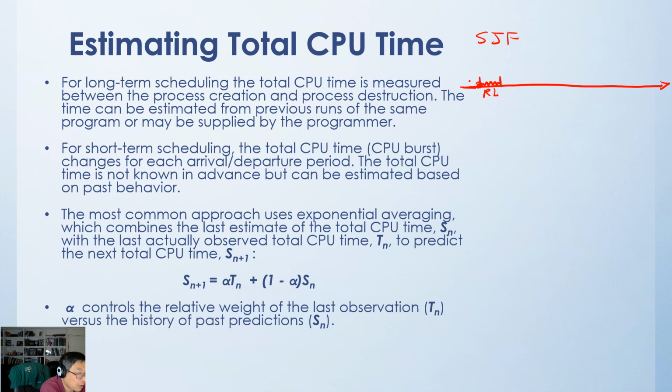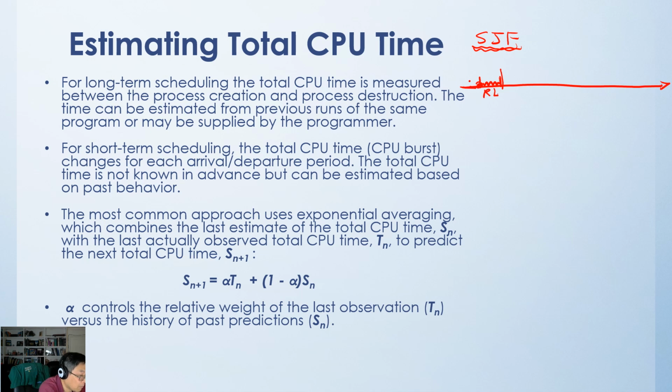Now, if the shortest job first scheduling algorithm is used, the scheduling algorithm is going to check each of the processes and pick the one with the shortest total CPU time. That's what the SJF algorithm is designed for. Now, the question is, all the processes are in the ready list, so how does the scheduling algorithm know which process has the shortest CPU burst?